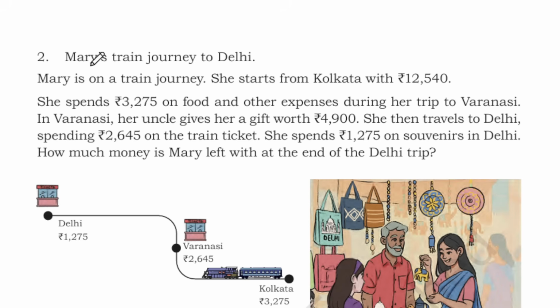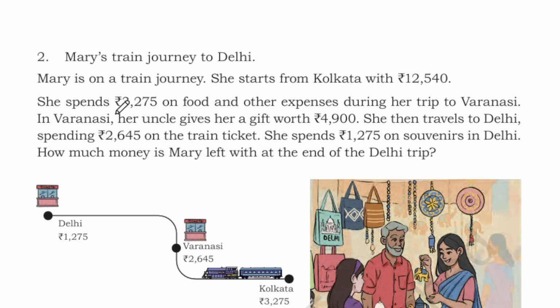Let's see. Mary is on a train journey. She started from Kolkata with 12,540 rupees. She spends 3,275 on food and other expenses during her trip to Varanasi. In Varanasi, her uncle gives her a gift worth 4,900 rupees.